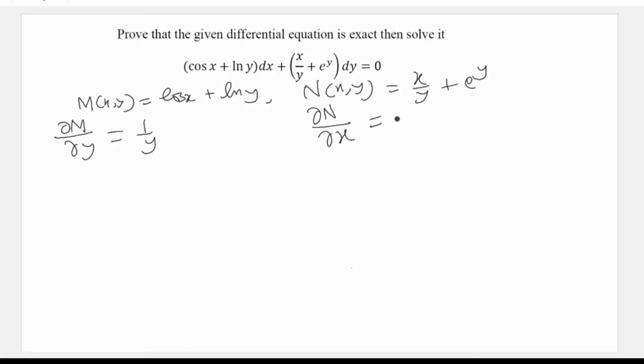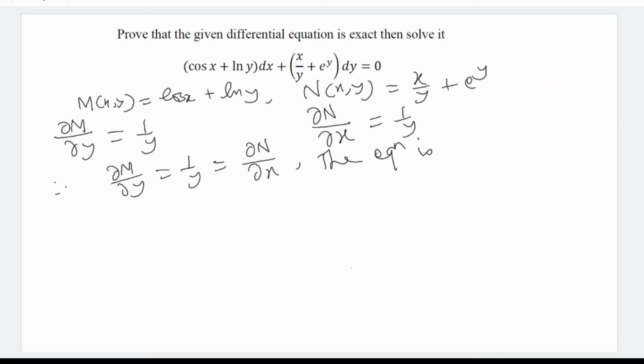Here we get 1 by y, and the other term is 0. So we can say that del M del y equals 1 by y equals del N del x. So the equation is exact.